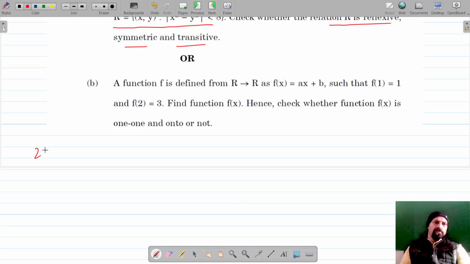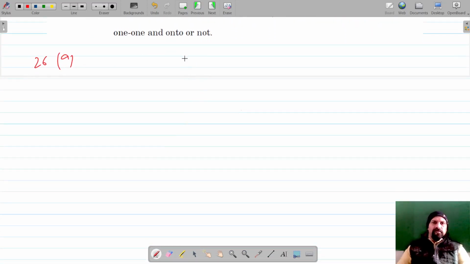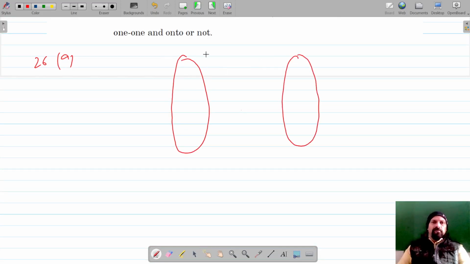So this is question number 26, part A, and this relation is defined from set A to A. Let's say this is set A, which has elements 1, 2, 3, 4, and 5, and this is also 1, 2, 3, 4, and 5.